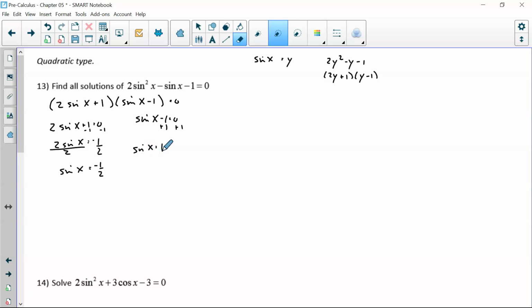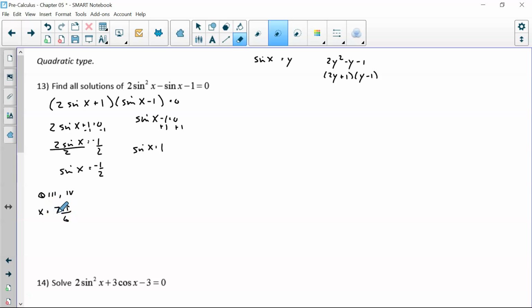Make sure you have your unit circles out. Now, when the sine is -1/2, negative, that means we're going to be in quadrant 3 and quadrant 4. Now, when sine is 1/2, that's going to be at our pi over 6. So x equals something pi over 6. To be in quadrant 3, it's going to be 7 pi over 6.